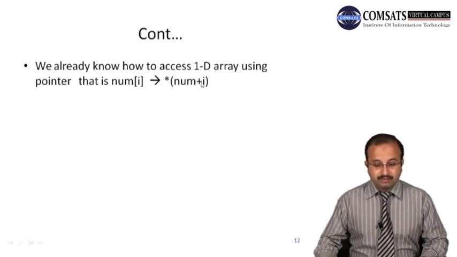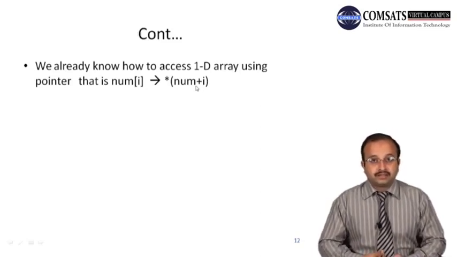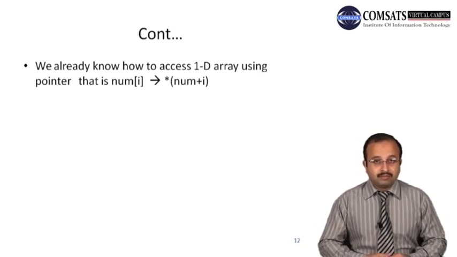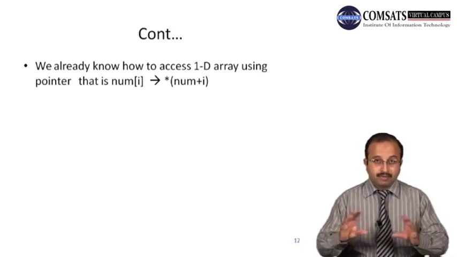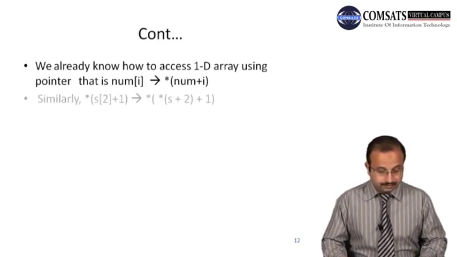So num is 500 plus 2, that is 508, and star of 508 will give you the value at address 508, that is the third element or the index 2 element in the num array. ठीक है? I hope you remember all these figures that I showed you when we were in the 1D array.